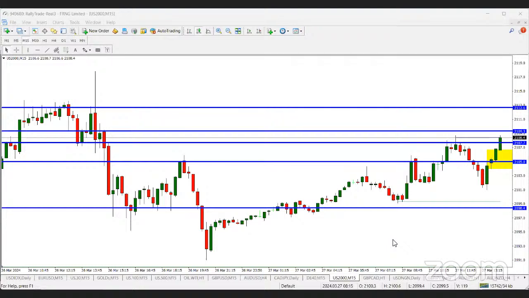But for now, the places I'm looking out for are to buy from 2105 to 2108, or buy from 2109 to 2112. Okay.